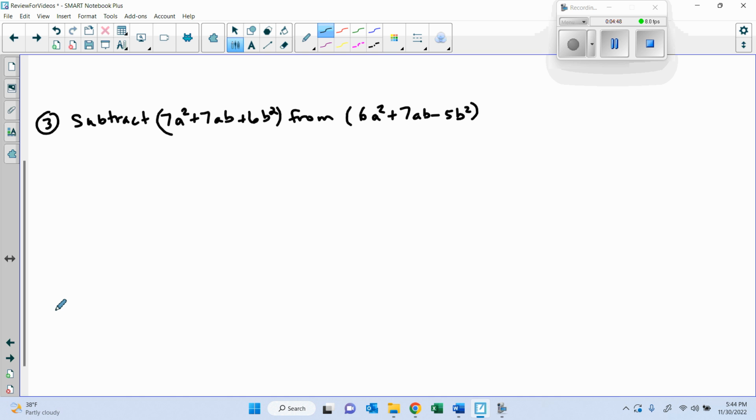Okay. So number 3, the only thing we have to be concerned about is when we're doing subtraction and they tell you to do something with polynomials, I have to be careful about the order.